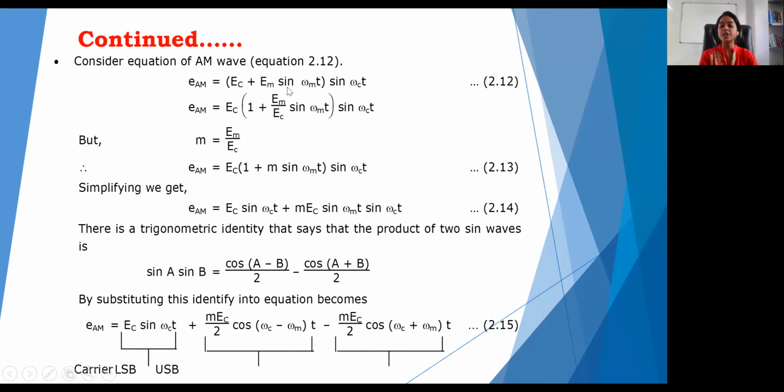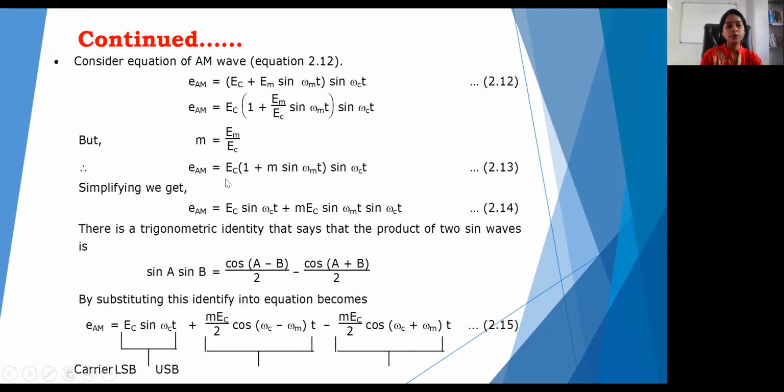So here two sine waves are there. In the last lecture also I told you that two sine waves are there. The first is the modulating signal and the second one is the carrier signal. Here we have the modulation index as EM by EC.